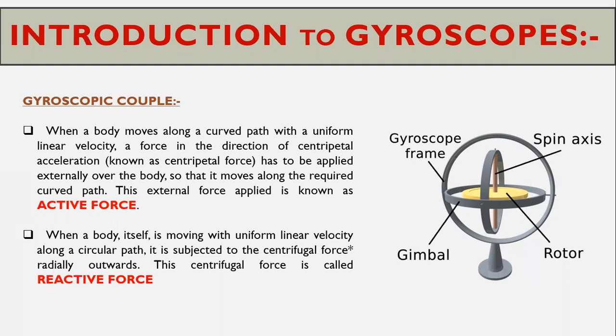So in the active force we have seen the centripetal force, but the reactive force is the centrifugal force only, that is in the radially outward direction. So these two forces are combined to form a couple, that is known as gyroscopic couple.